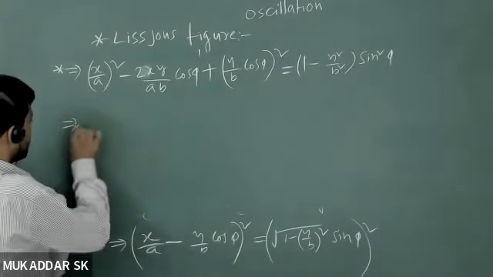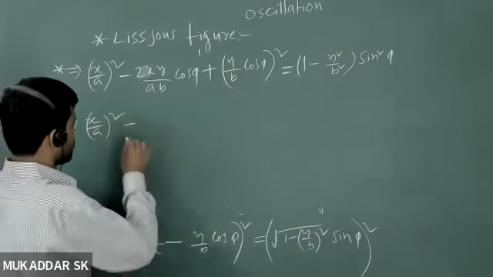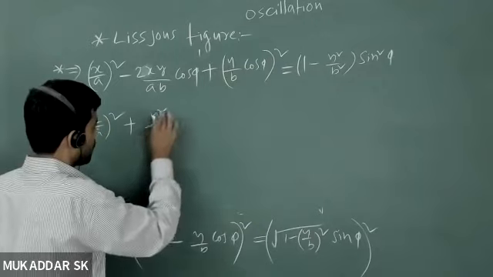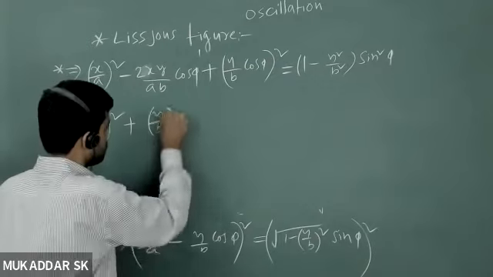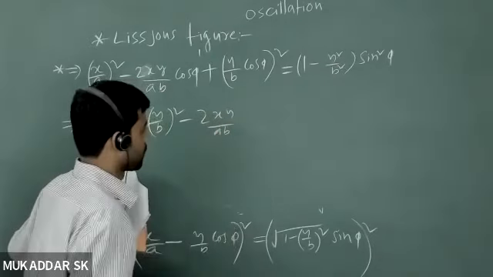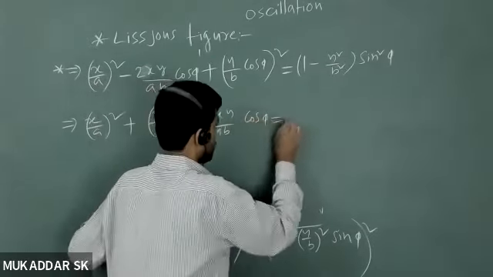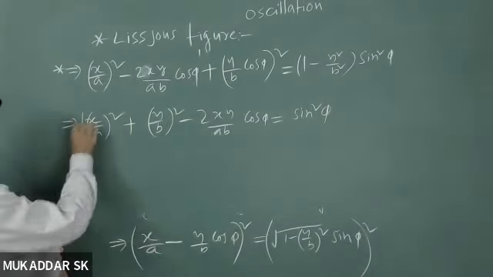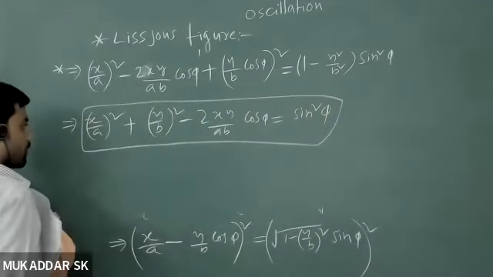So further I can write (x by a) whole square plus (y by b) whole square minus 2xy by ab cosine phi equals sine square phi.